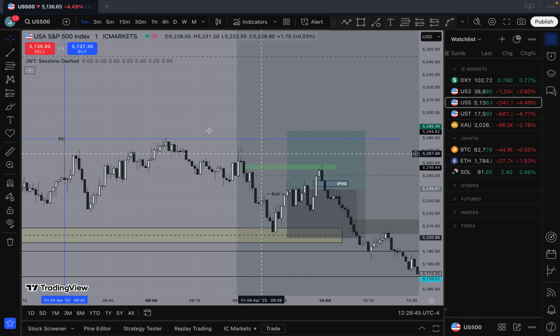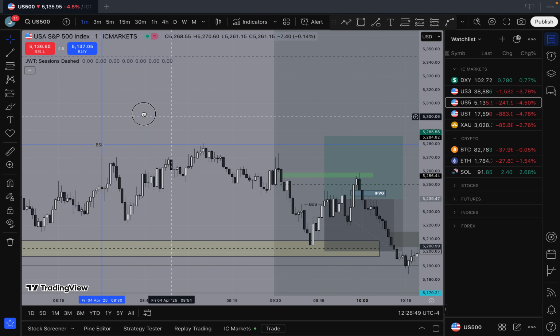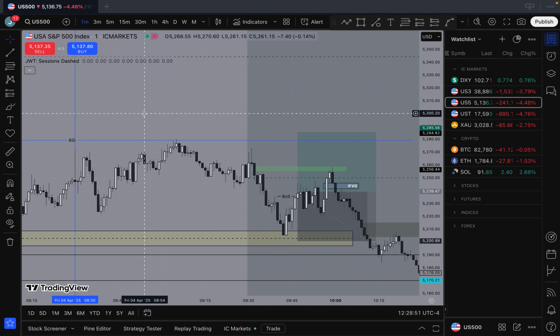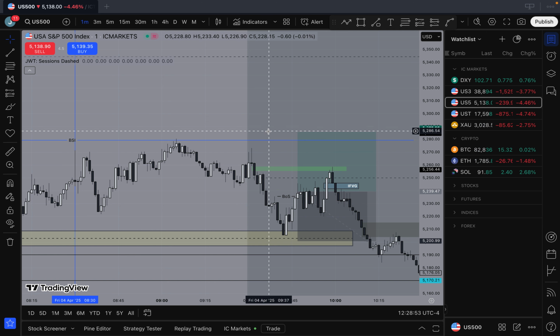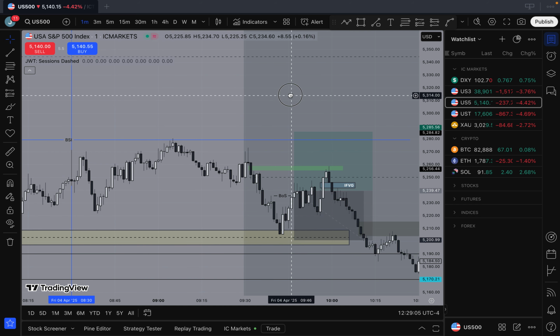I got in. I want to target these highs just above, just into the fair value gap. And to be honest, looking in hindsight, 1.2 R is not ideal, but it was low risk. So yeah, I don't mind taking this loss. It's fine.